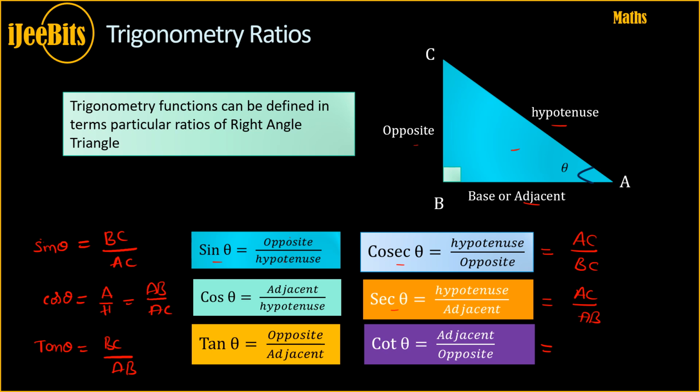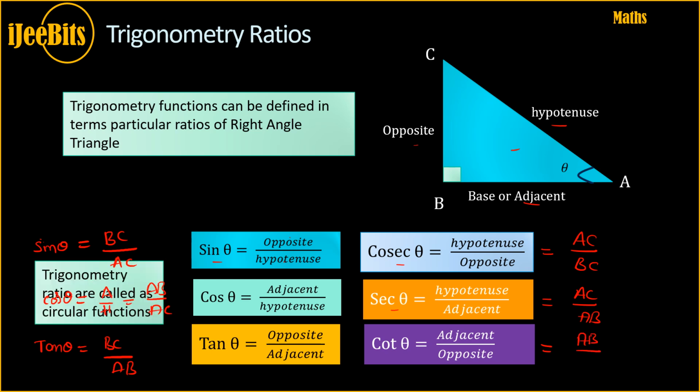So what would this be? AB is the adjacent divided by opposite, which is BC. These are the standard definitions. Whenever a triangle is given and they ask you to note down the trigonometric ratios for that right angle triangle, this is how you should record the results.